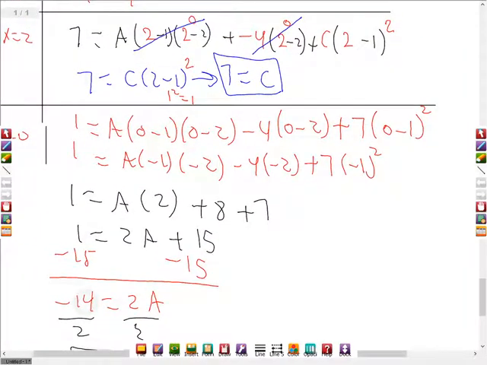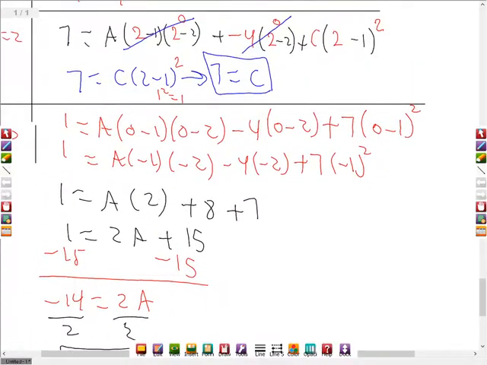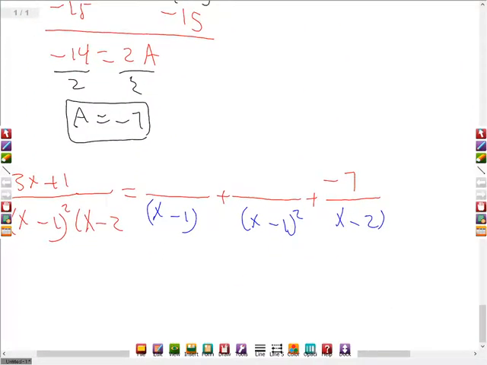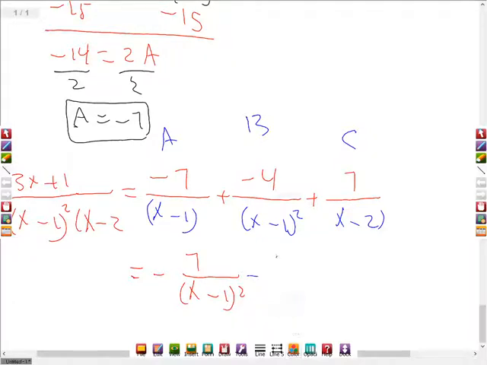I mean A is negative 7, I'm going to change it, and C is 7, and B is negative 4. This is A, and this B, and this C. And this is negative 7, we just found it. And this is B, negative 4. Then if you need this nicer, negative 7 over x minus 1, and the negative and positive becomes part, negative 4 over x minus 1 square plus 7 over x minus 2.